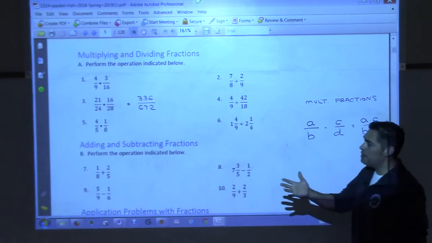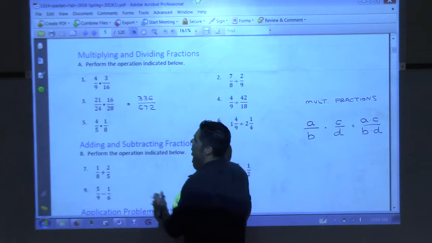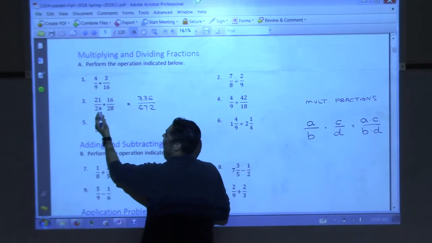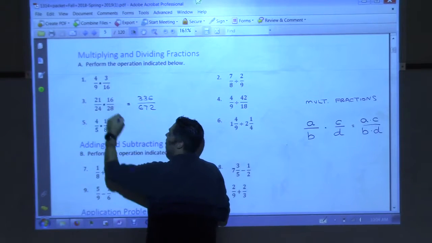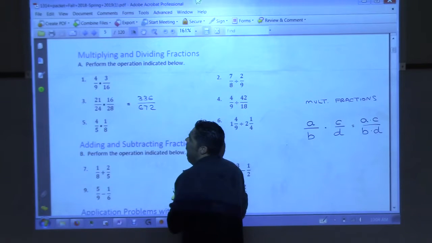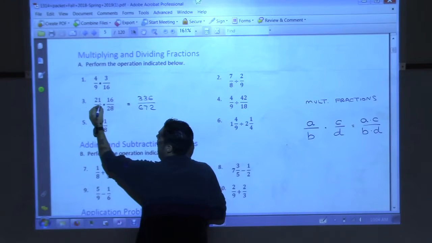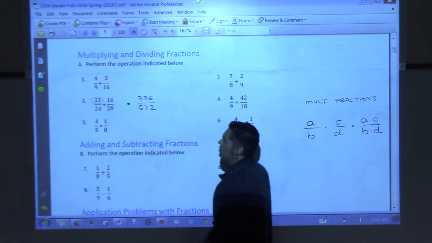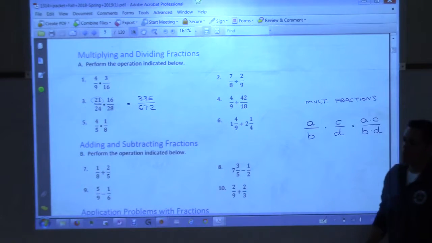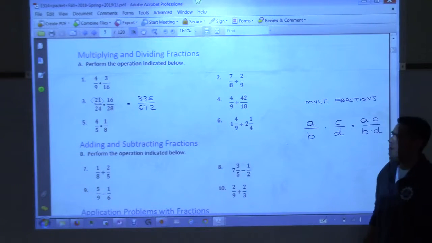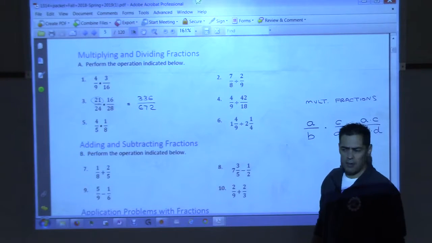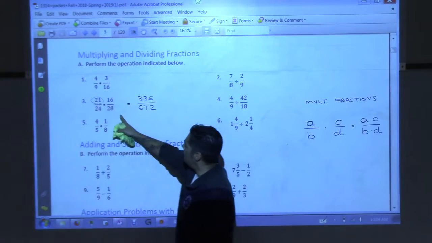So maybe in the beginning, let's look at all the numbers and see if the top numbers and the bottom numbers have any common factors. So how about 21? I'm still with Matthew here. Can you think of the numbers that go into 21? 3 and 7, right? So how about on the bottom?